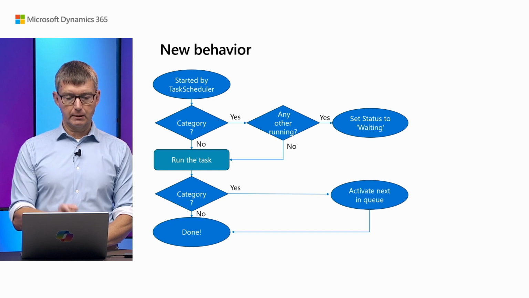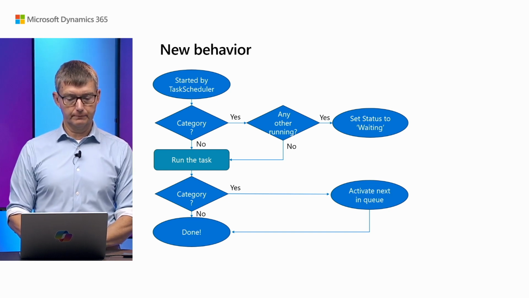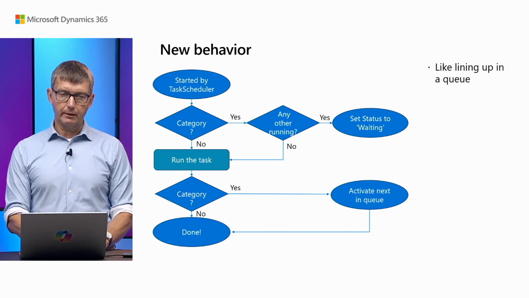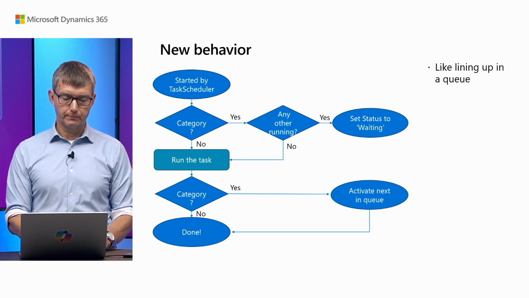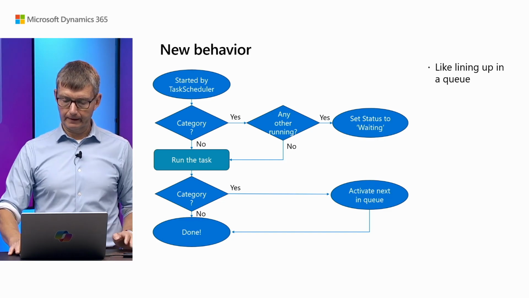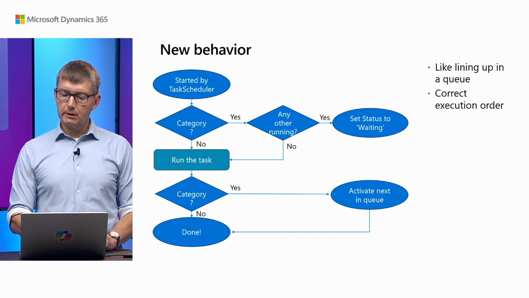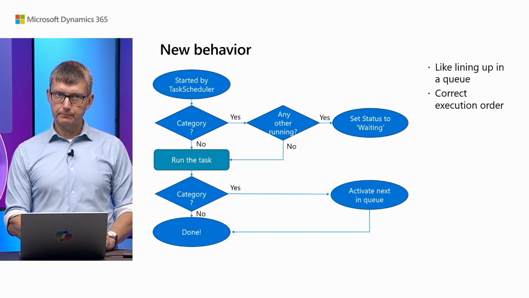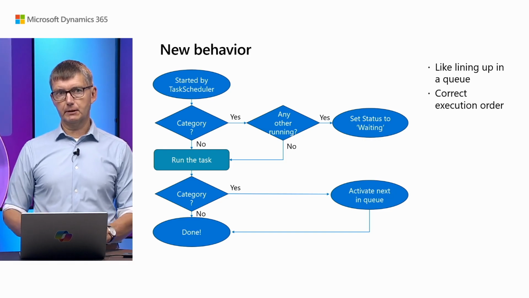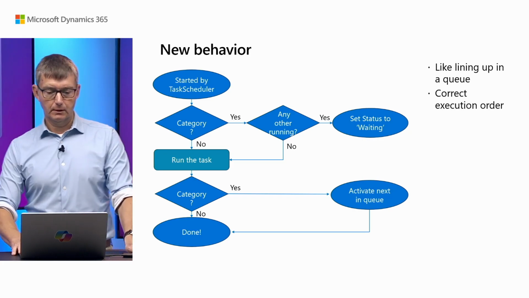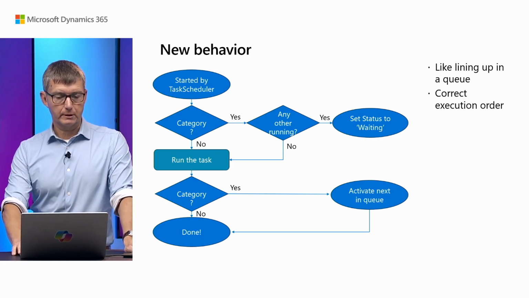And then they're done, and you can start your turn. So this is more like actually lining up in a queue as you're supposed to. And you also get the correct execution order because you have a number and you keep that number in the queue. So if you're first in, you're also first out.